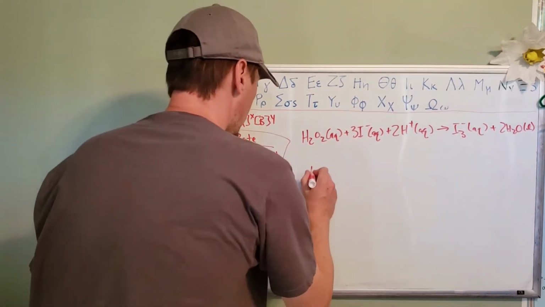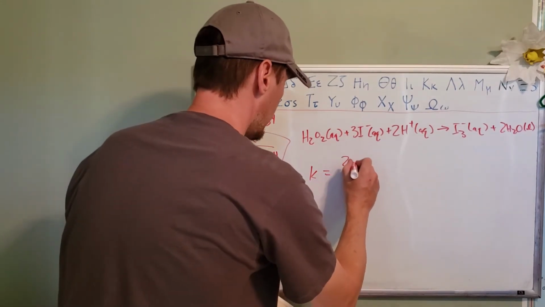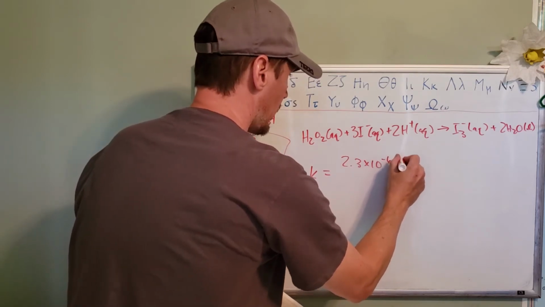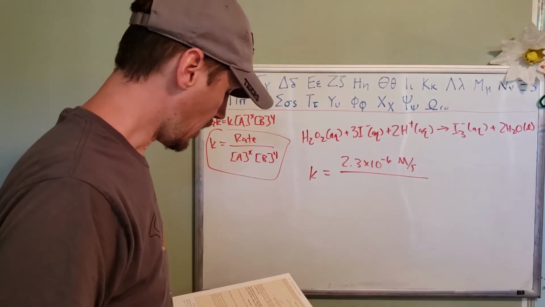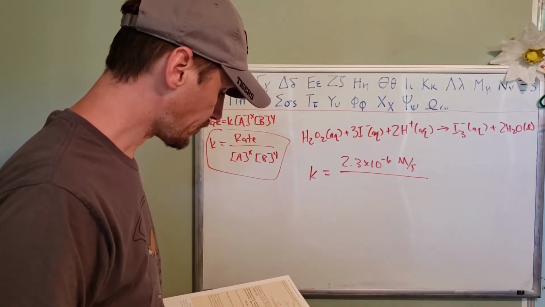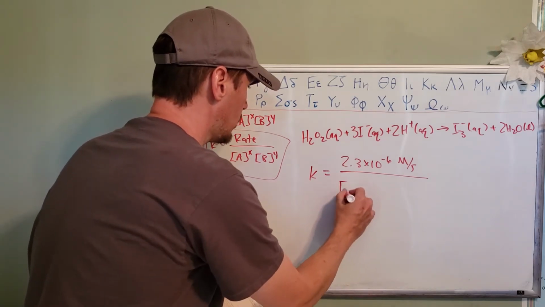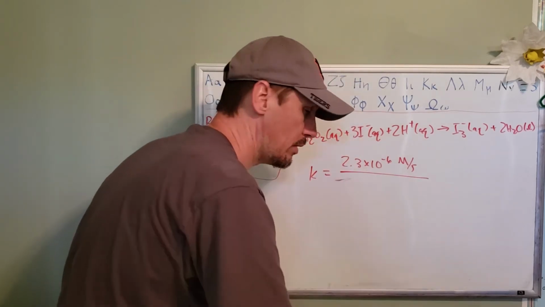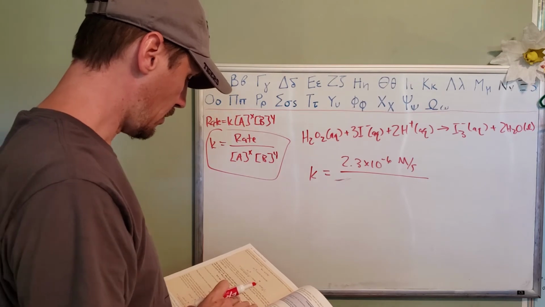So let's just write that down. K is equal to, they give us the rate to be 2.3 times 10 to the negative 6 molarity per second. Rate's always going to have that unit on it. And now we have to write down the concentration of H2O2, they give that to us as 0.01.